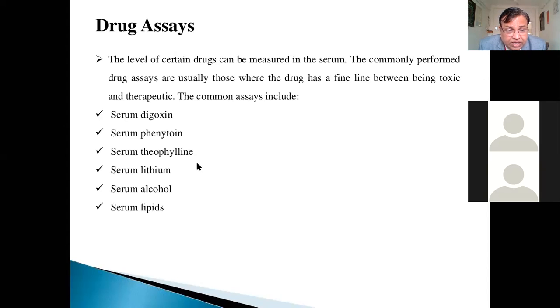For serum lithium level, lithium we are giving in the case of psychosis or any mania condition. Serum alcohol, we are checking this test for alcoholic patients, and lipid level, for a person having high cholesterol or high lipid level in the body.